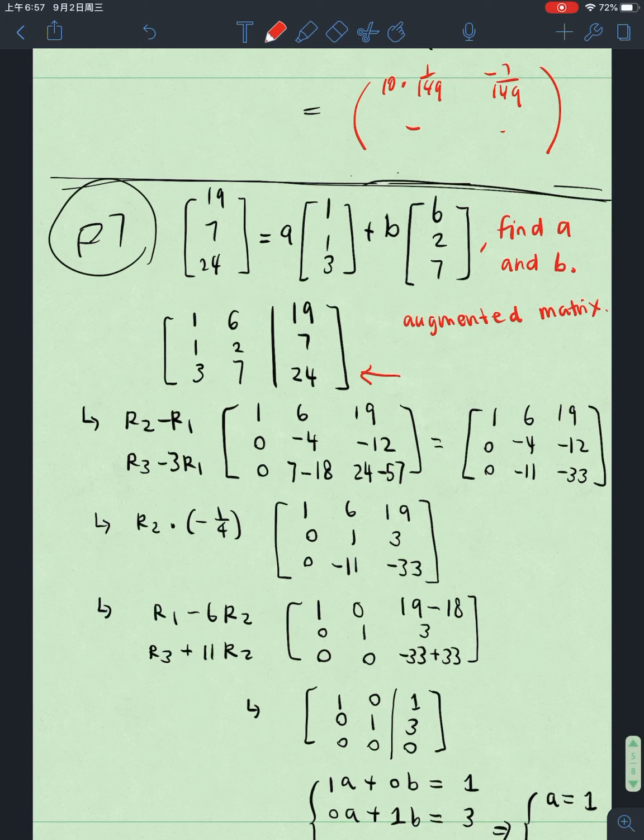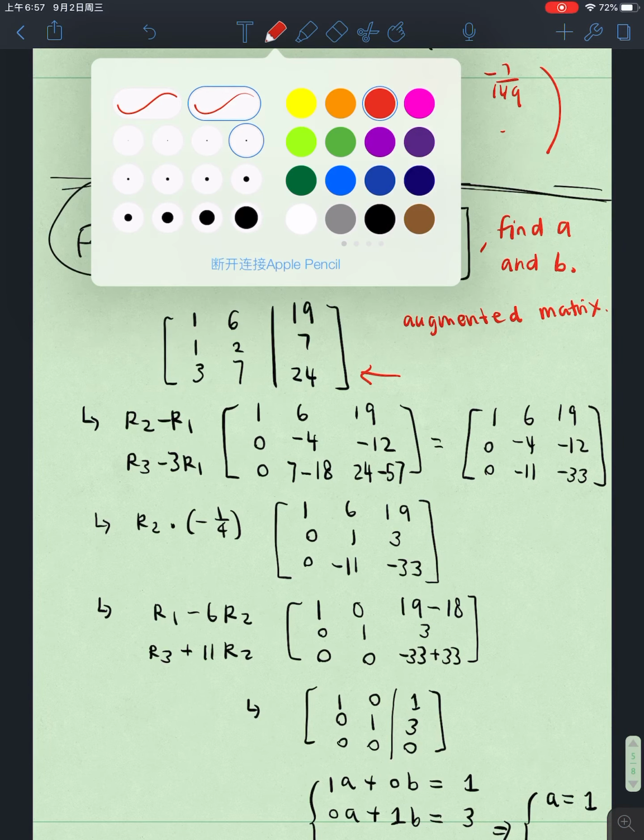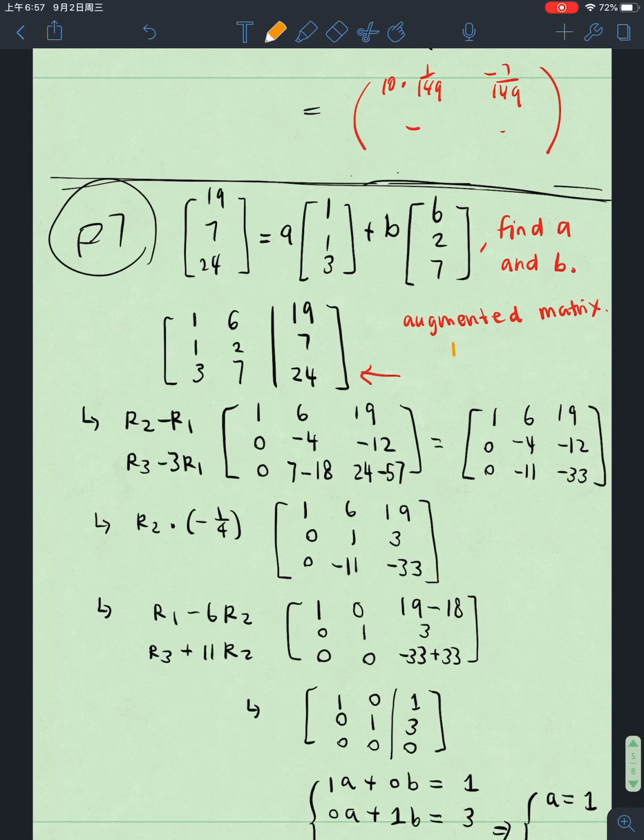You just take the coefficients and make it equal to 19, 7, and 24. And one way to rewrite it: 1a plus 6b equals 19. Then 1a plus 2b equals 7. And then 3a plus 7b equals 24. And you can rewrite it as this.